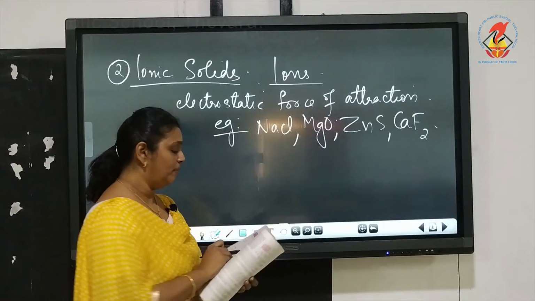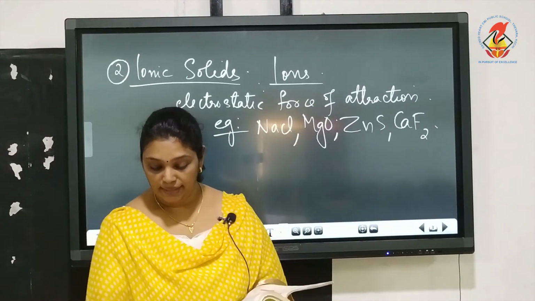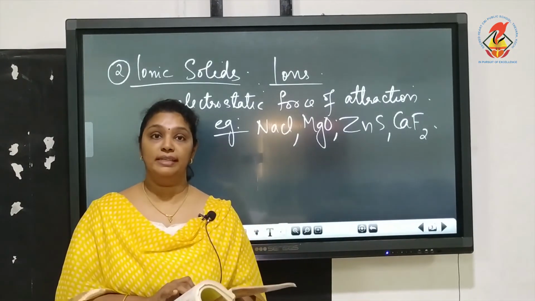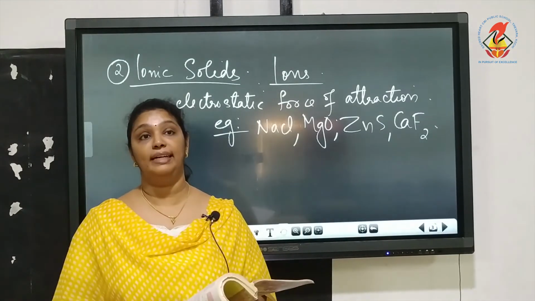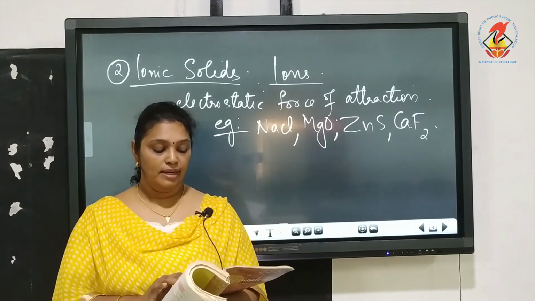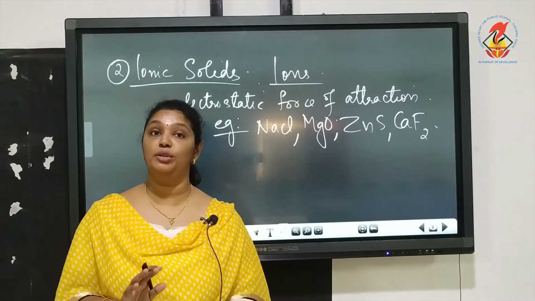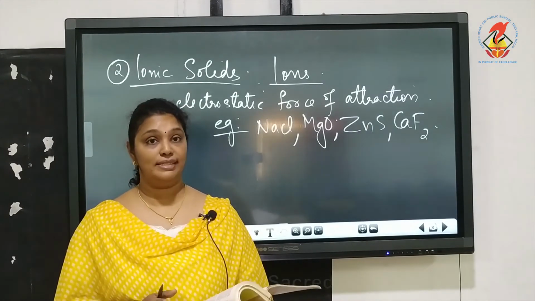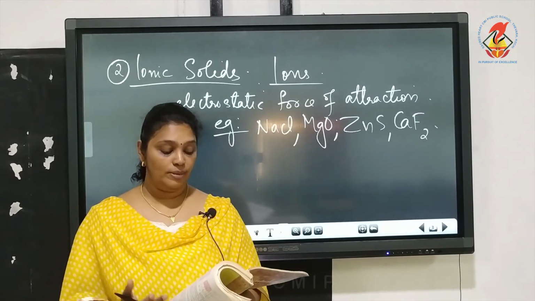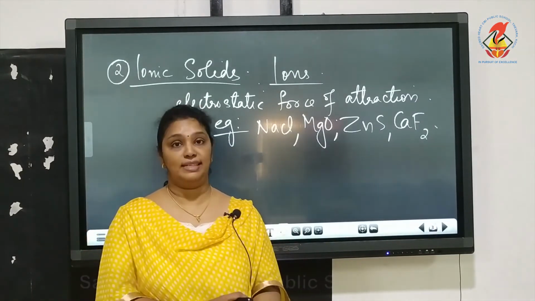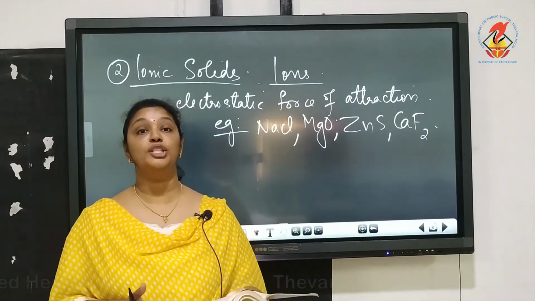Now, regarding the physical properties, they are hard but brittle. Then the next property, a very important one, is the electrical conductivity of ionic solids. Ionic solids act as insulators in solid state, which means they do not conduct electricity in solid state, but they can conduct electricity in aqueous solution or in molten state, because in solid state the ions are not free to move about.